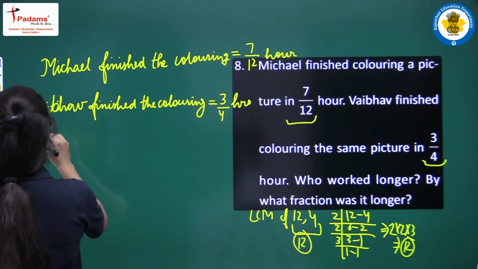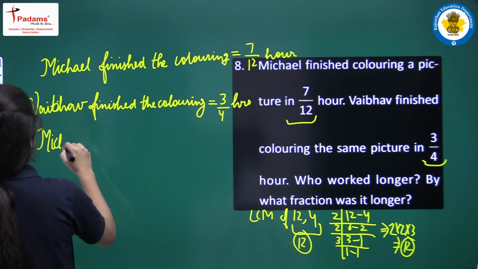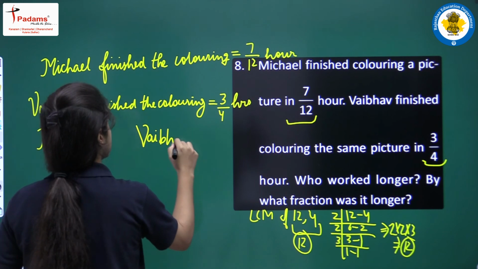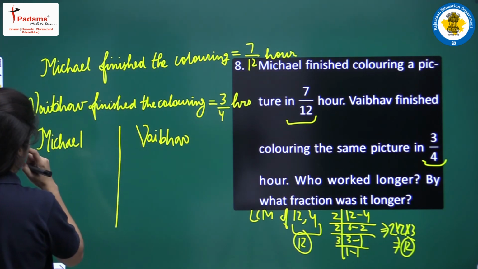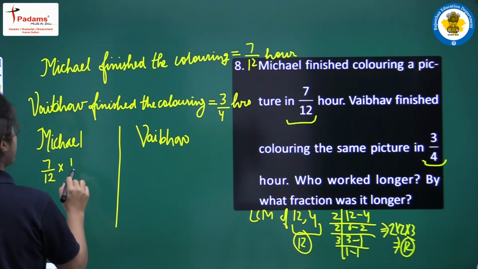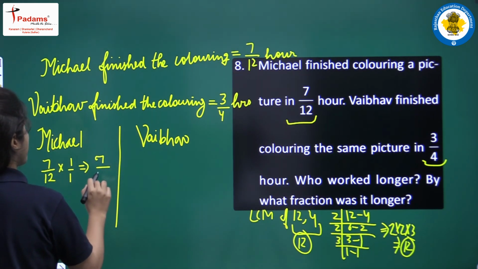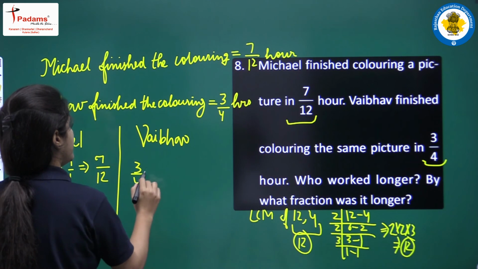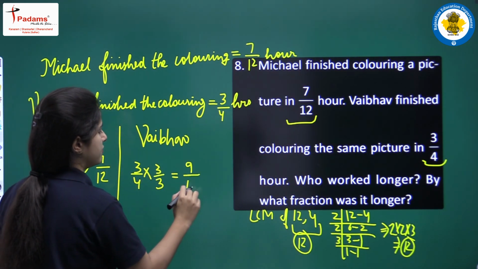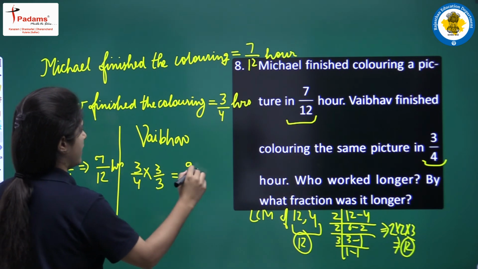So Michael's part and Vaibhav's part. Michael: 7 upon 12 into 1 into 1, that is 7 upon 12. Then 3 upon 4 into 3 upon 3, that is 9 upon 12 hours.